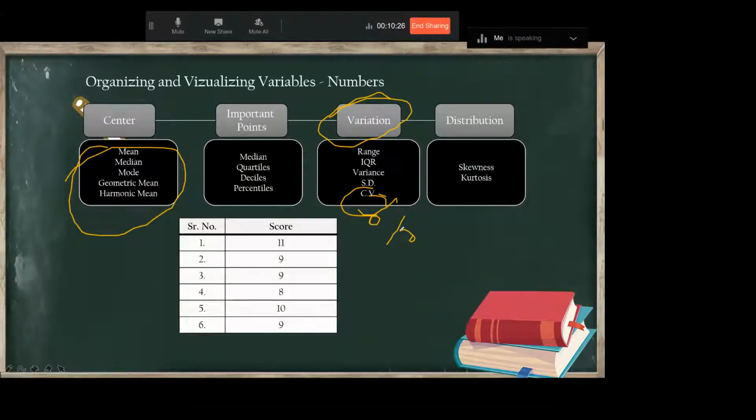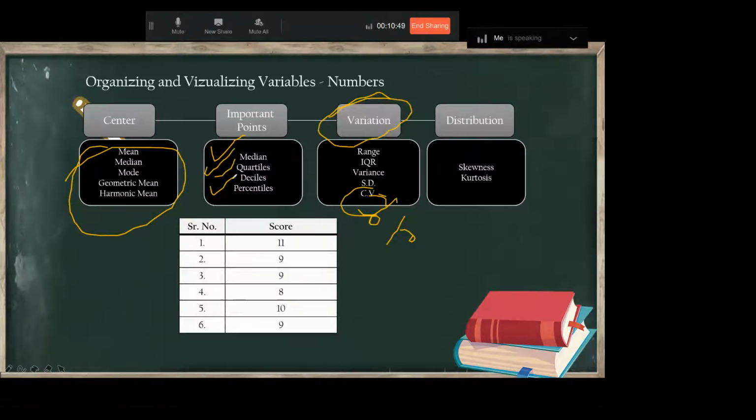We also looked into how to measure important points, that these are median, quartile, deciles, and percentile. What is the interpretation of these different important points to remove the outlier effect? So we have covered all the important points.